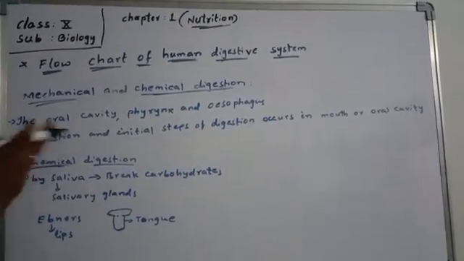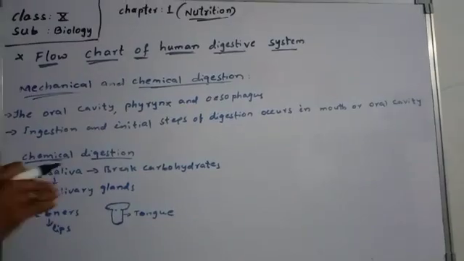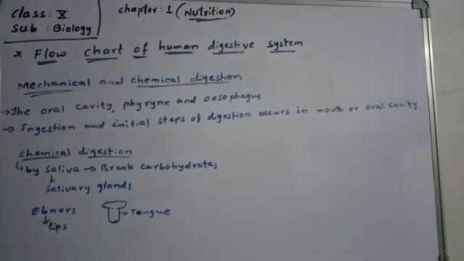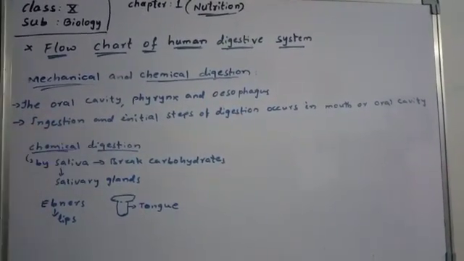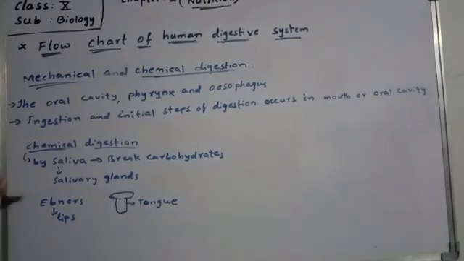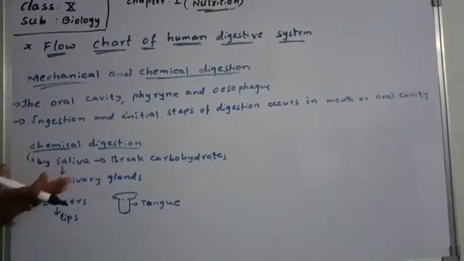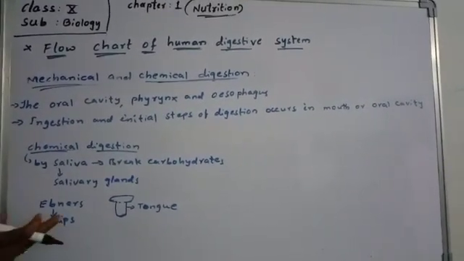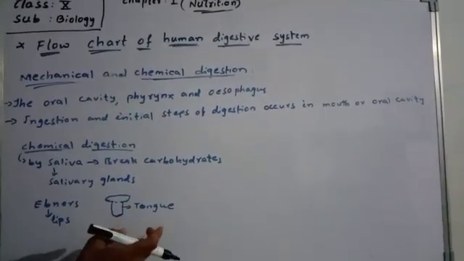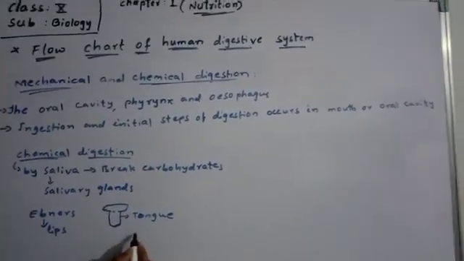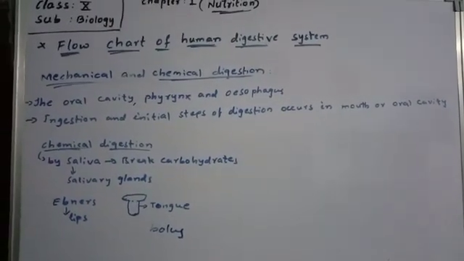Then chemical digestion by saliva: saliva breaks down carbohydrates, and it comes from the salivary glands. The lips and the tongue in the mouth convert the food into a bolus.